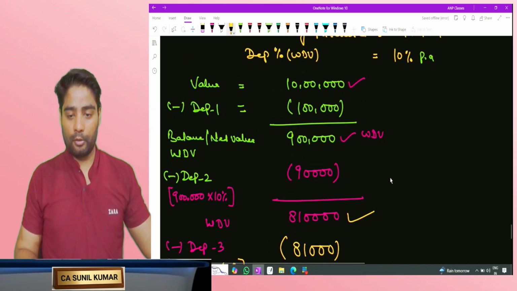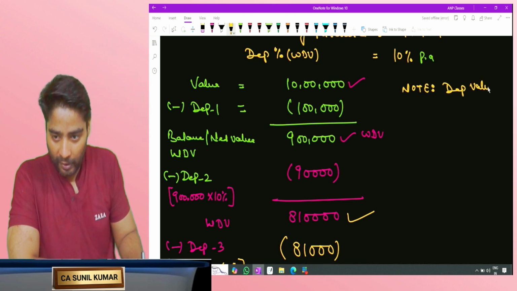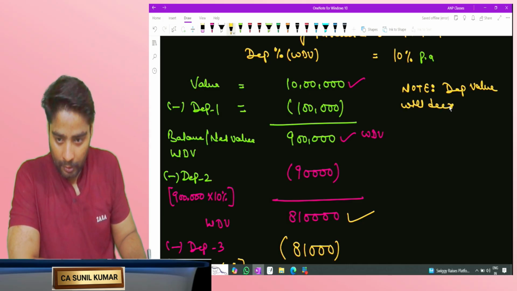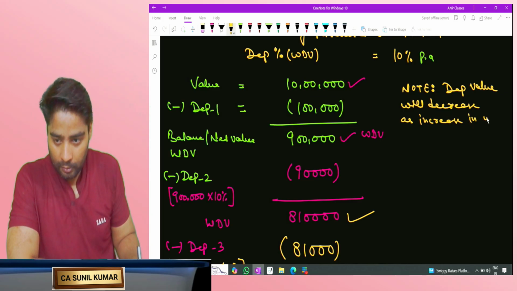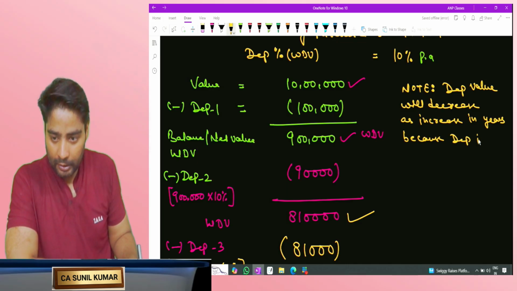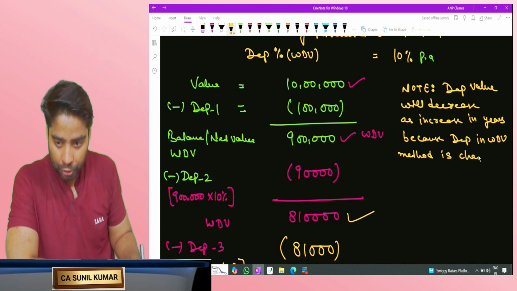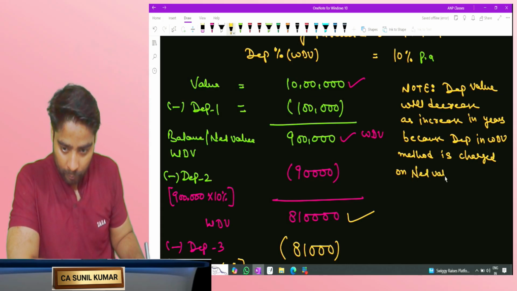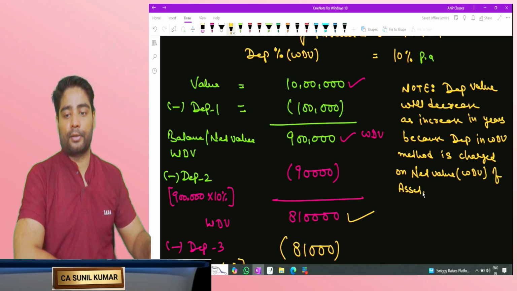Okay, so write down a note: depreciation value will decrease as years increase, because depreciation in the WDV method is charged on the net value, or I can say the WDV of the asset.